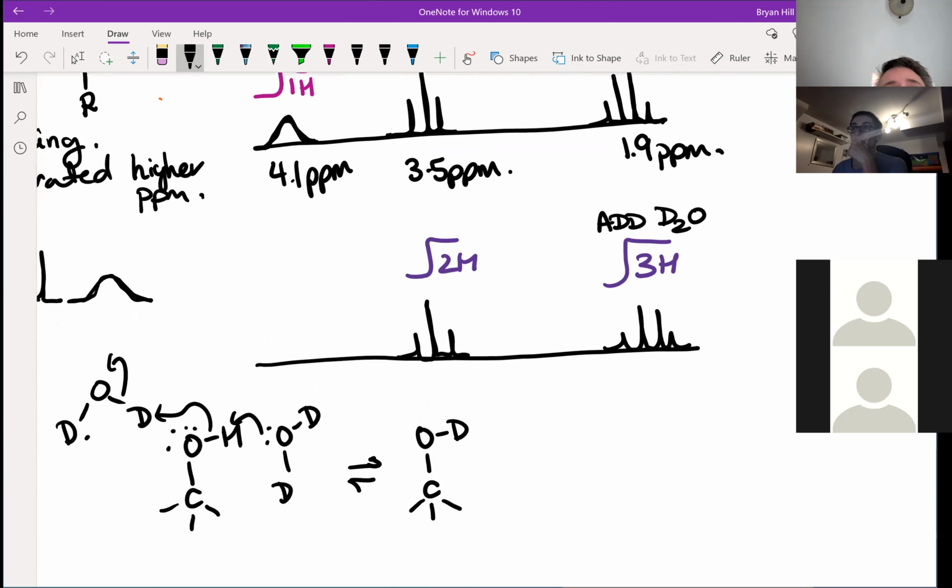That's a way of determining which ones are hydroxyl groups or carboxylic acids, that type of stuff. In the example we gave, the peak was relatively sharp. If the hydroxyl peak is relatively sharp, that's telling you the sample is quite dilute, because there'd be no H bonding going on.